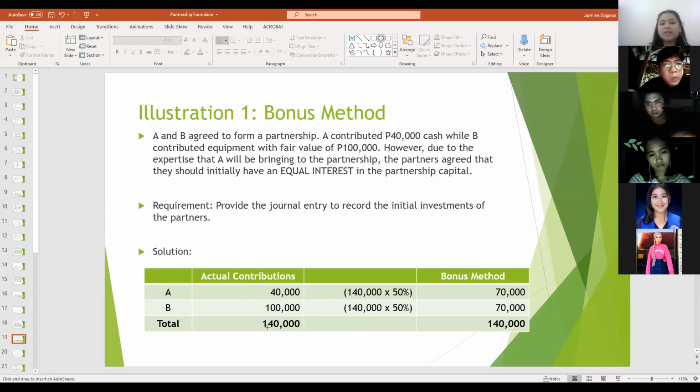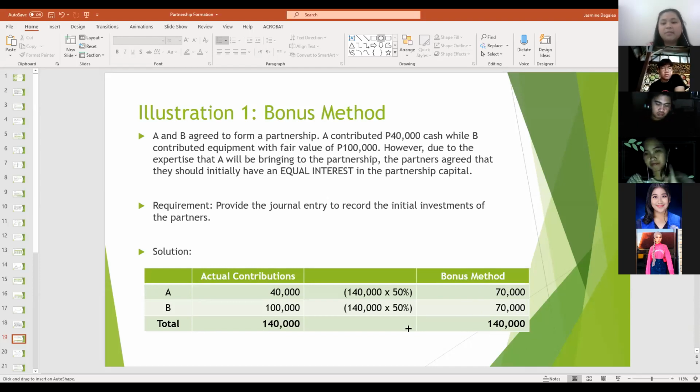So 140,000 times 50%, 70,000 kay A. 140,000 times 50%, 70,000 kay B. So yung total is 140,000 pa rin. Hindi nyo babaguhin yung fair value of contribution. Ang babaguhin nyo yung balances of each capital accounts para maging equal yung interest ng each partners.